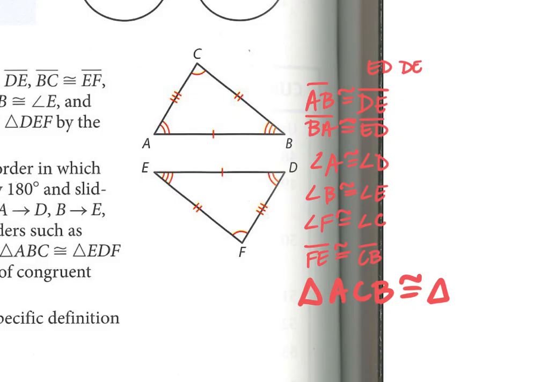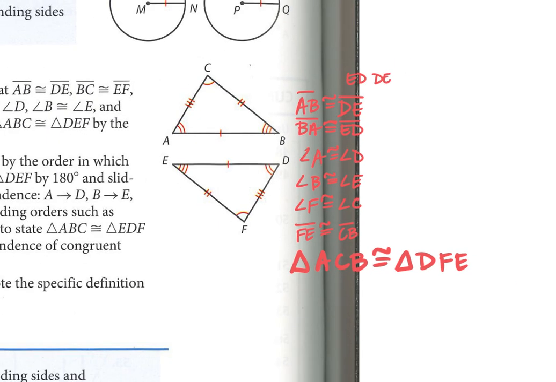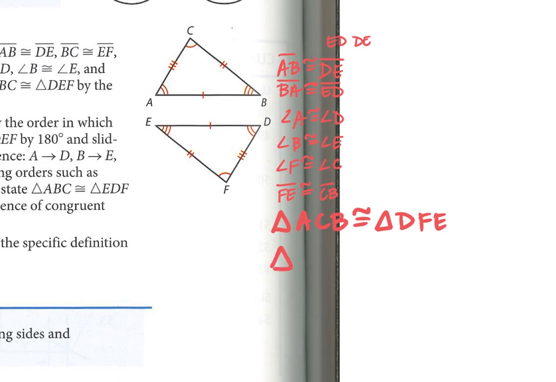What letter has to go with A? D. What letter has to go with C? F. And then what letter has to go with B? E. Now, are there other congruency statements I can make there? Sure. What if I said triangle BAC?